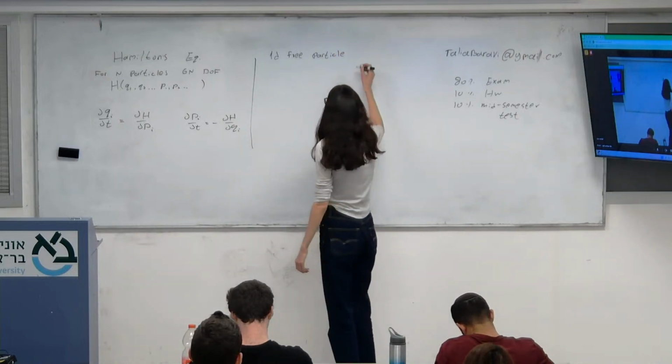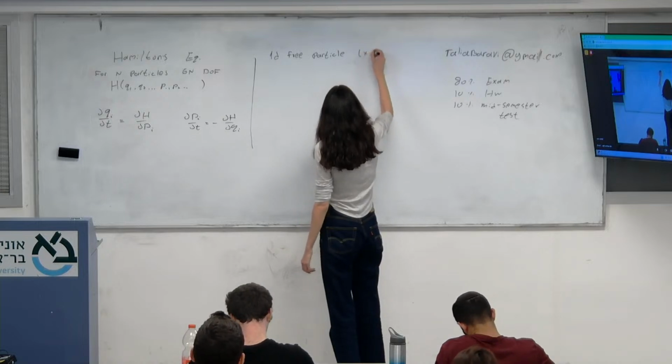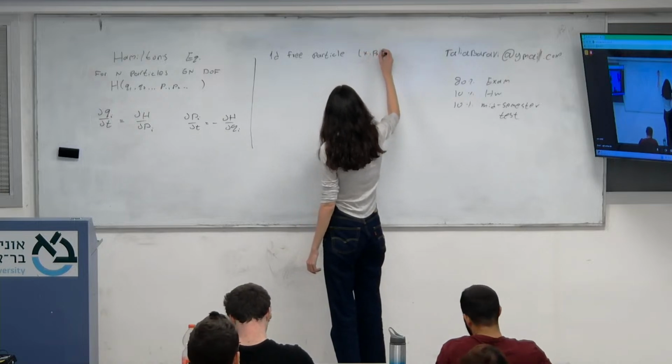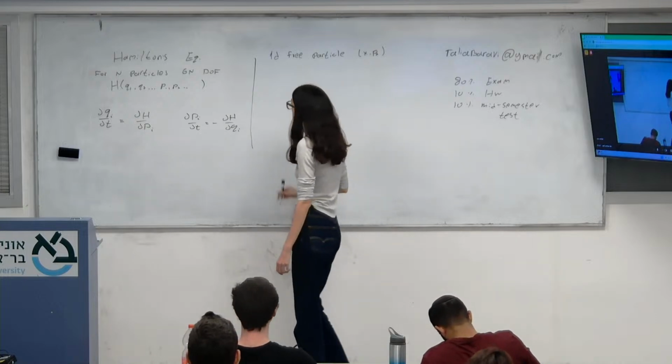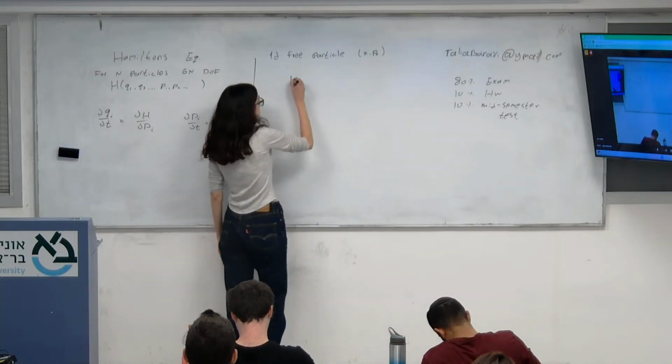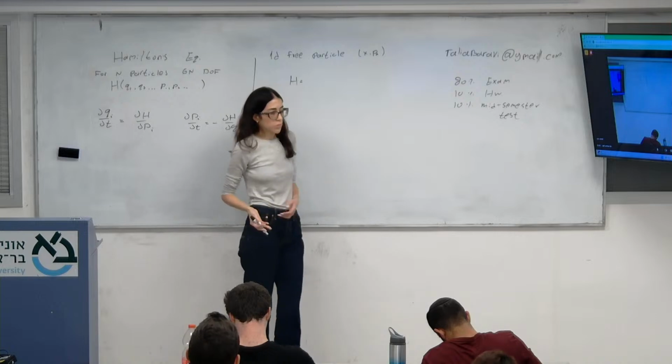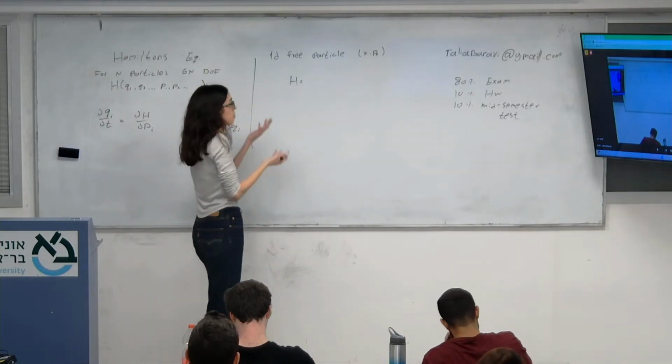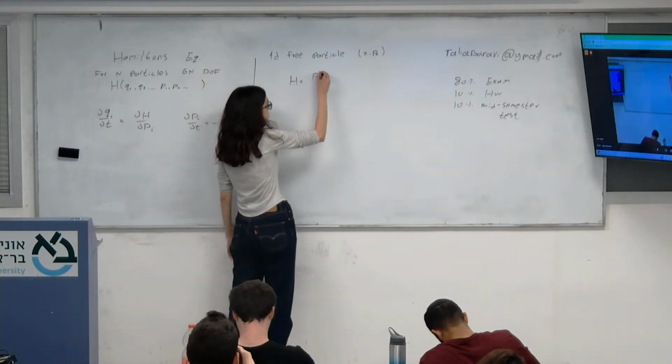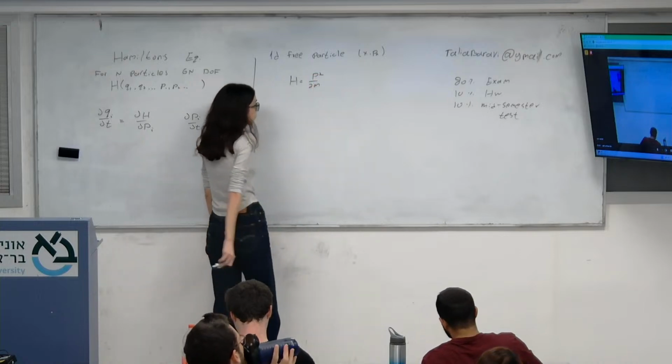So the coordinates are only going to be x and px. The Hamiltonian is only going to be made from the momentum because we don't have any potential. So this is going to be p squared over 2m.